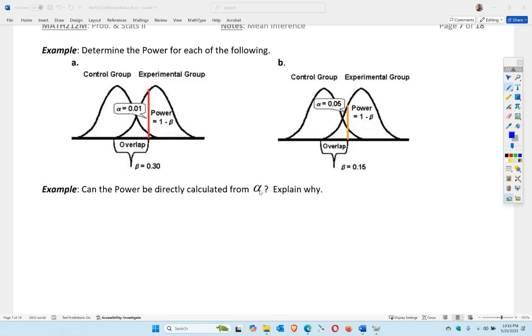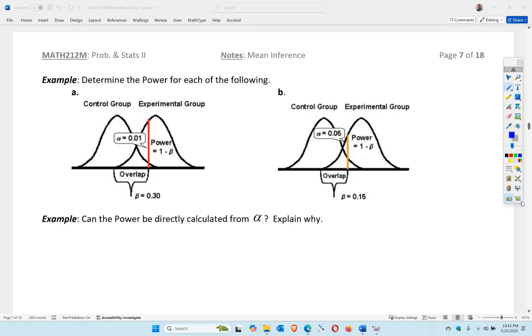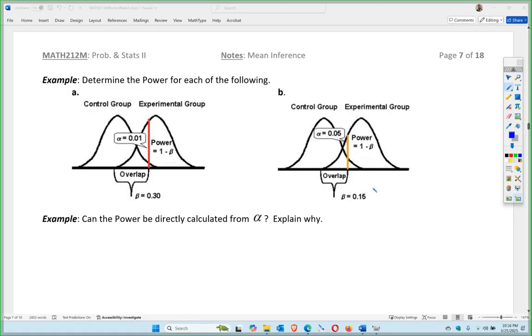Because power is 1 minus beta. So if I want my power, I just have to subtract this, right? My power here would be 85%. The power here would be 70%. Okay. All right.